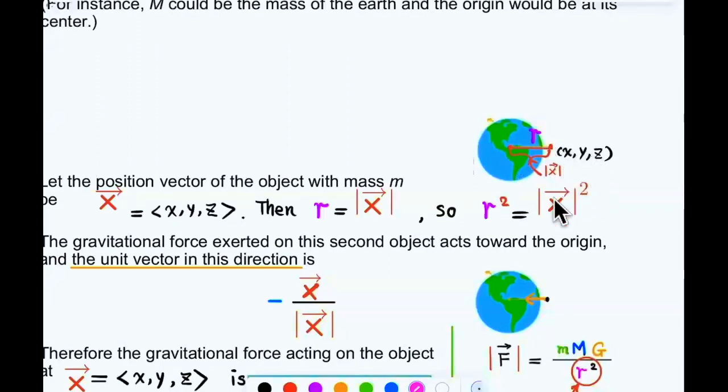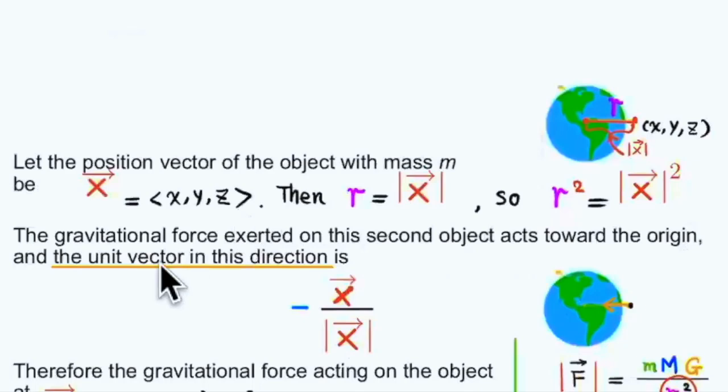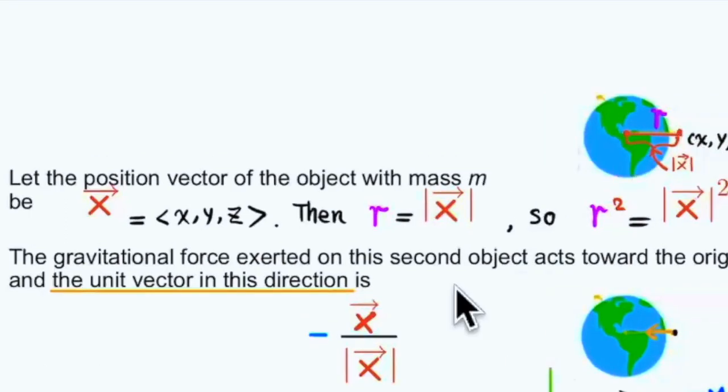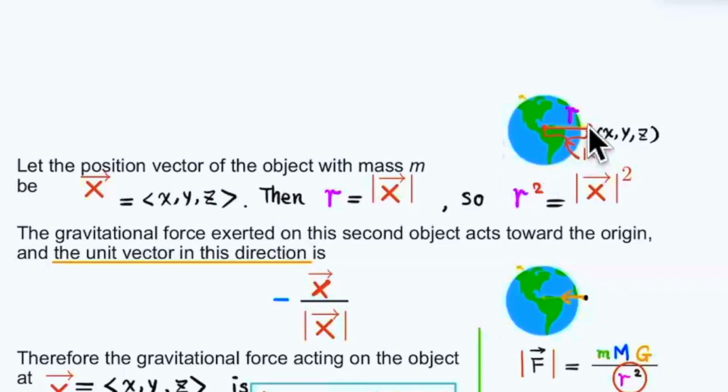So r squared will be the square of this. Then the gravitational force acting on the second object over here is toward the center of the Earth, so the gravitational force will be from here and pointing to the center of the Earth. What's the unit vector in this direction? The unit vector in this direction is you take this position vector and divide by the magnitude of the position vector.